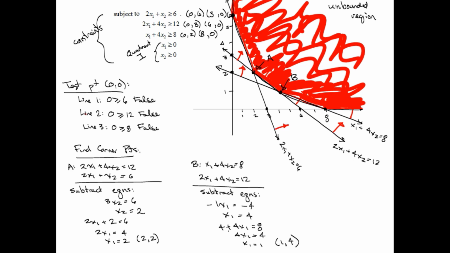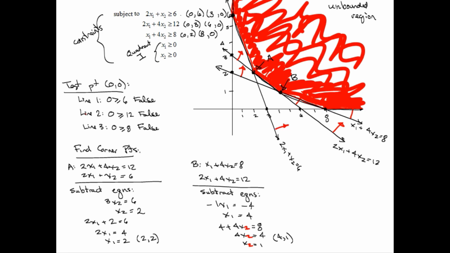I put my 4 into my equation in place of the x1, but I did not write x1 where I should have, or I wrote x1 where I should have written x2. So really this should be x2 equals 1. Do you agree? So now this gives me 4, 1, which does make sense with your graph. It's very important to look to see if your corner points make sense with your graph. My 2, 2 does indeed make sense with my graph.